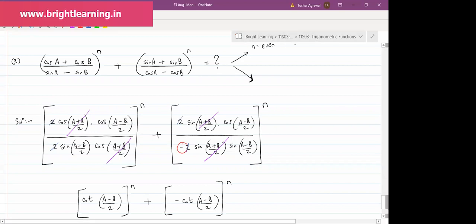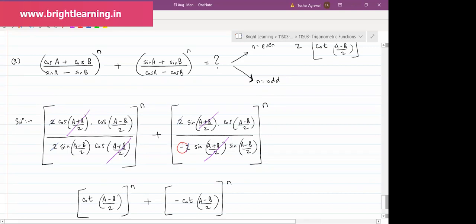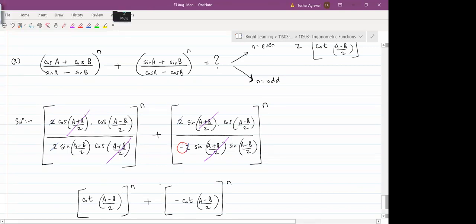So the answer will be 2 times cot of A minus B by 2 raised to n. And if n is odd, the second bracket will have the opposite sign of the first bracket. So the answer in that case will be 0.